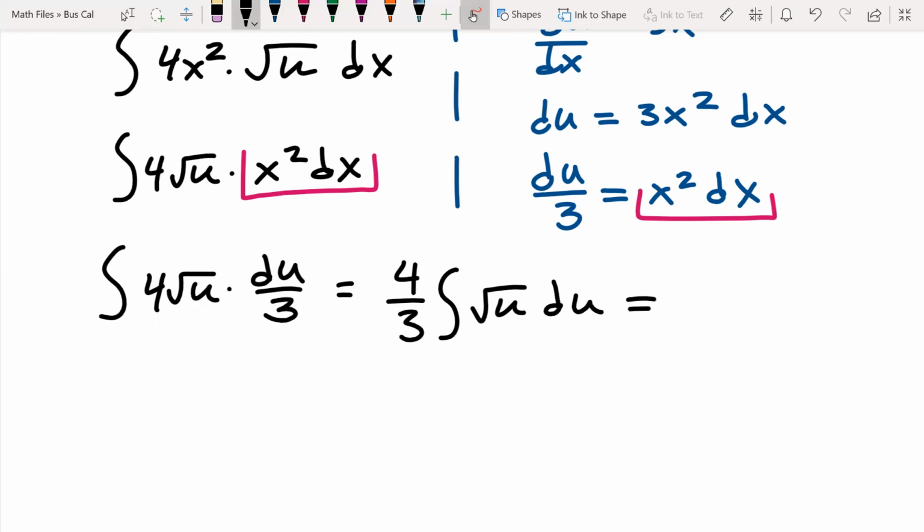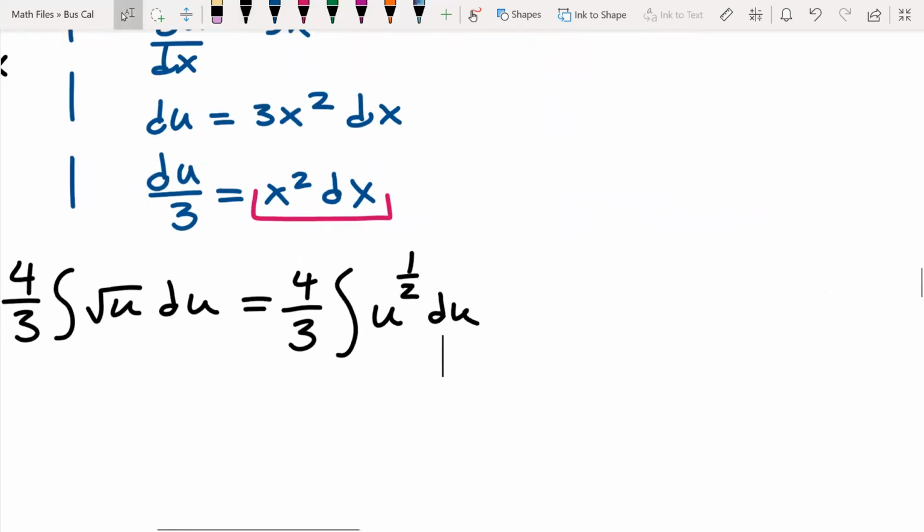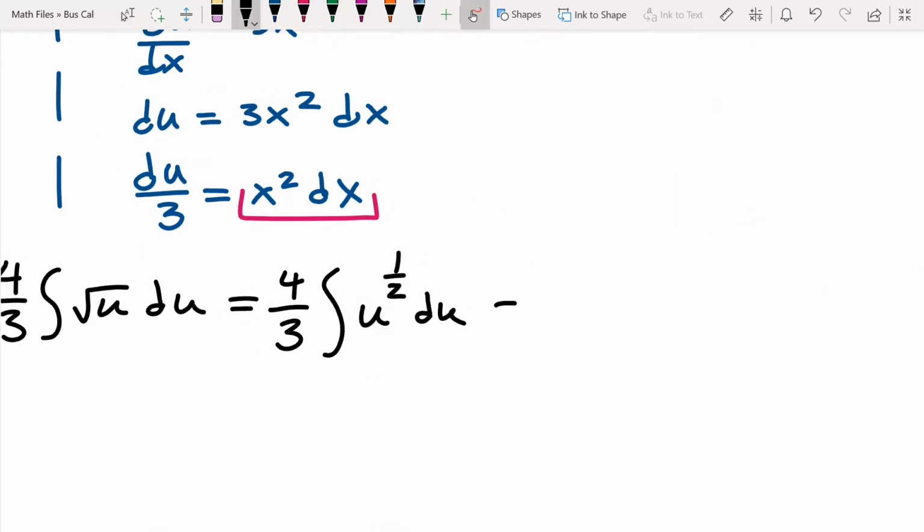Another cleanup: we have to rewrite the square root as u to the 1/2 du. Now we are ready to use the power rule on this.